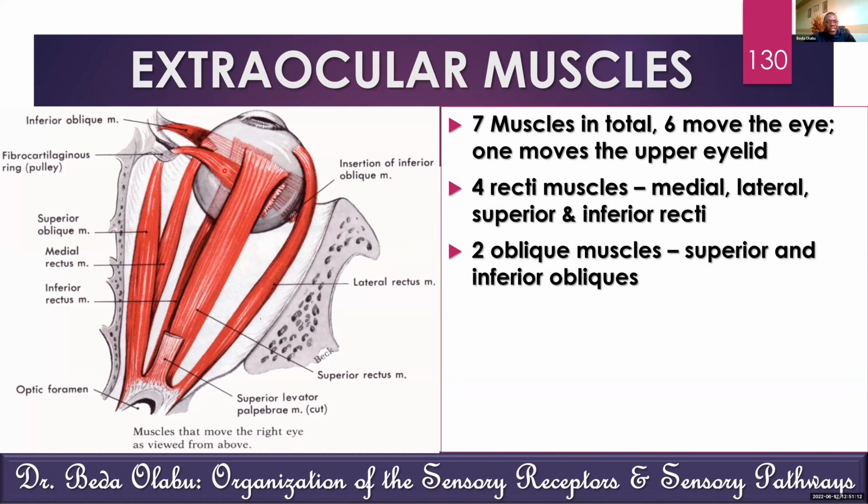If the eye is already adducted and superior oblique muscle contracts, it will pull the upper part of the sclera forwards, and that will make the pupil face down. So the second action we are attributing to superior oblique is that it depresses the eye. Remember, it causes abduction of the eye. Now I'm adding, it also depresses the eye.